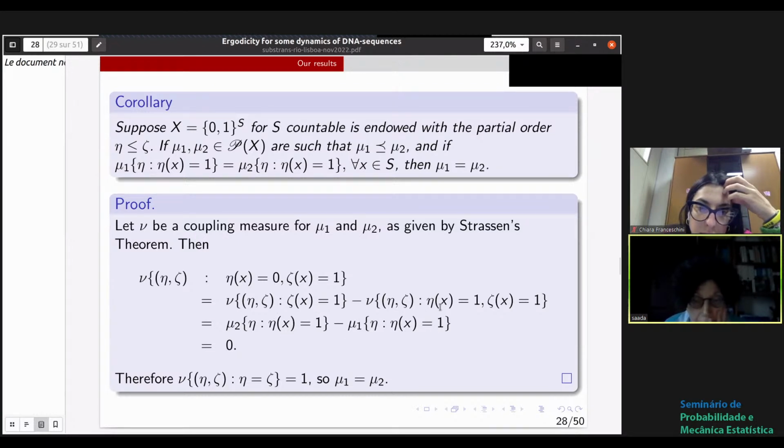And if we have 1 for eta, because eta is less than xi and mu is concentrating on ordered configurations, we don't need to write that zeta is equal to 1. So it's just minus mu1 of 1, and so it's 0. So very simple proof. And so what we did was to generalize this to 4 values.